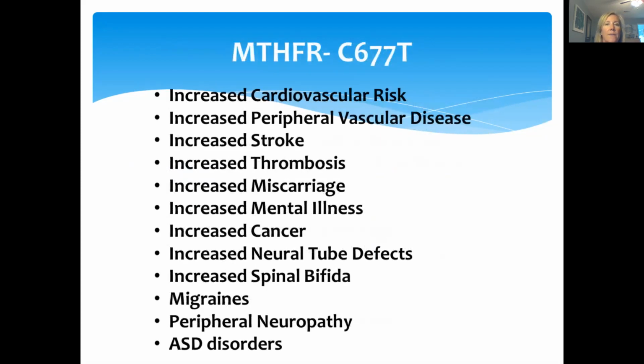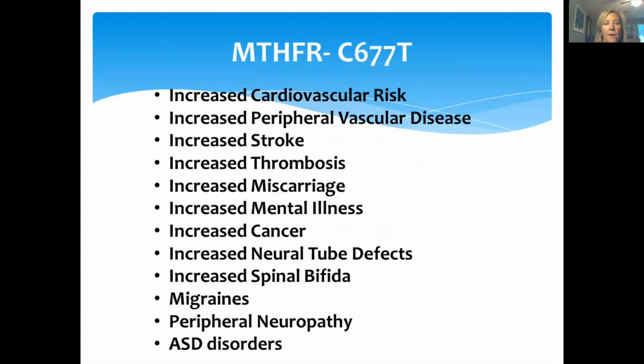Okay, and this isn't a perfect slide. It's one I put together based on some of the literature I read and some of my clinical experience. Now, I see a huge overlap between this gene and the A gene, which we're going to talk about later. So anything you see here could pretty much be on the A gene, except that the cardiovascular risk seems to be pretty much exclusive to the C gene: the peripheral vascular risk, the stroke, the increased clotability, and miscarriages.